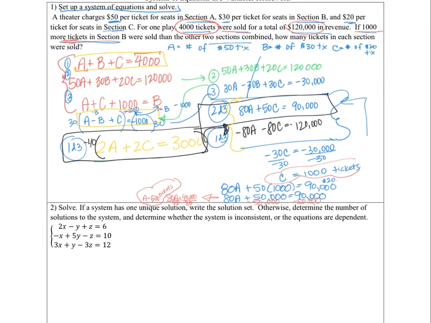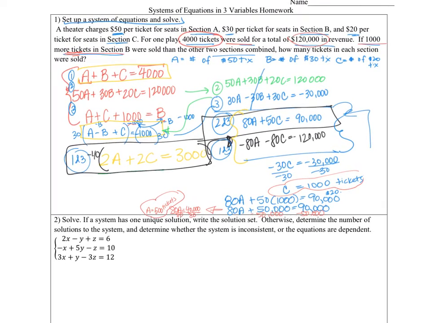Now, at the very beginning, if you look back, equations 1, 2, and 3 have all the variables. So I'm going to start with the simplest one, equation 1. It says that if I take the number of A tickets, which is 500, plus the number of B tickets, which I still don't know, but I do know the C tickets were 1,000, that will equal the 4,000 total tickets sold.